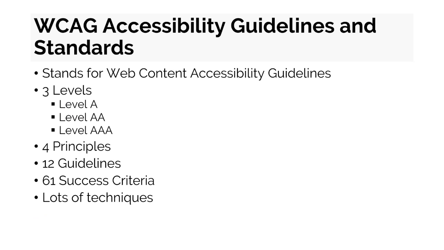WCAG has 3 levels: level A, level AA, and level AAA, and it's further broken into 4 principles, and then 12 guidelines, and then 61 success criteria and lots of techniques. Level A is the most basic level of accessibility. Level AA is the level that government organizations and laws generally refer to, and it's something that we should comply with.